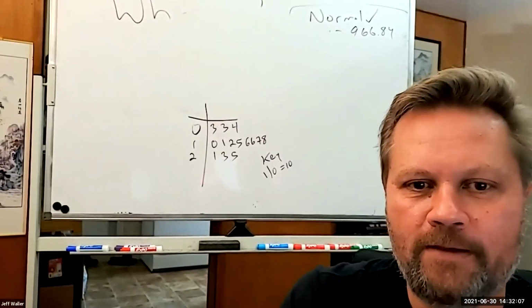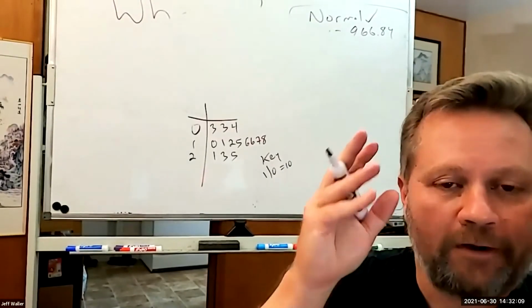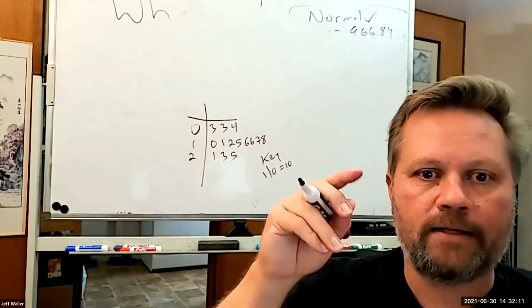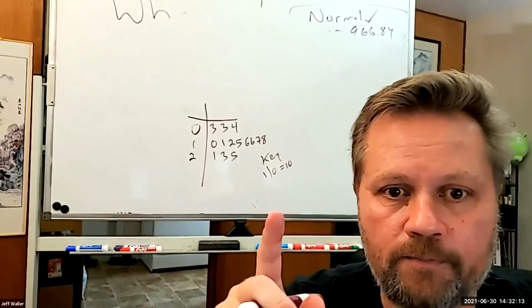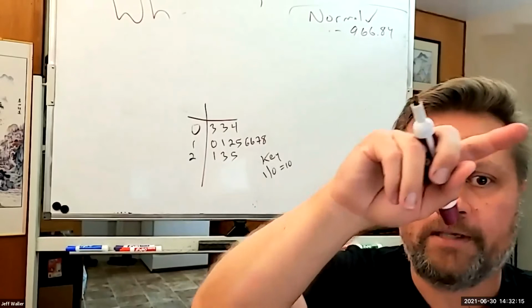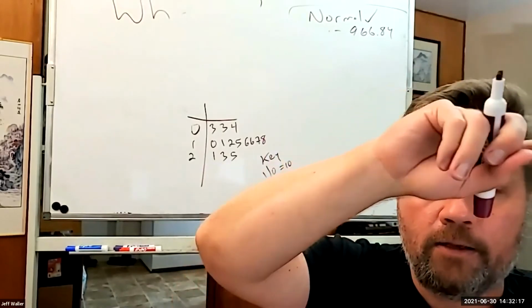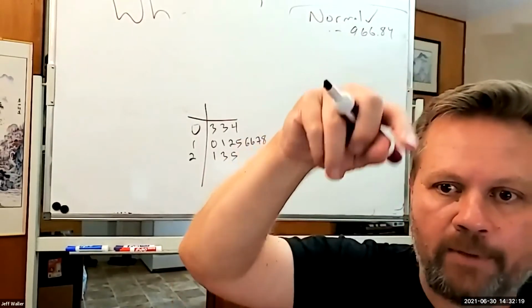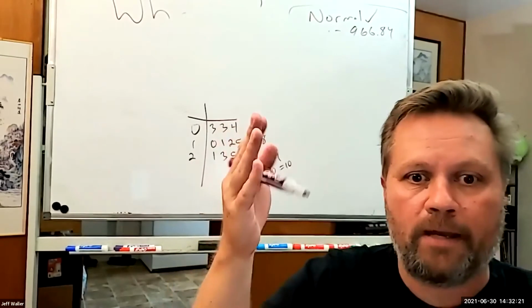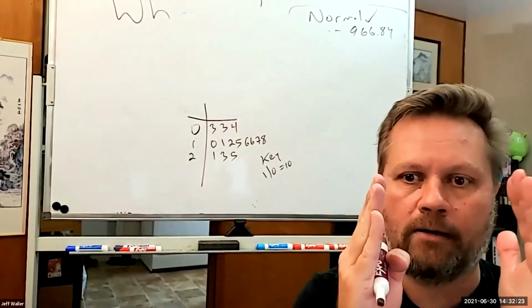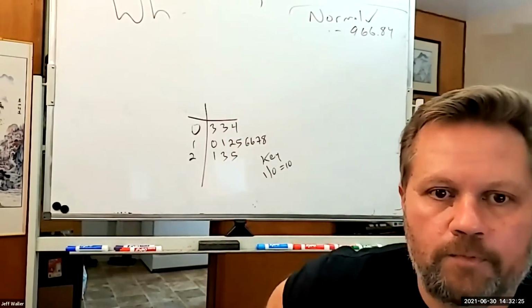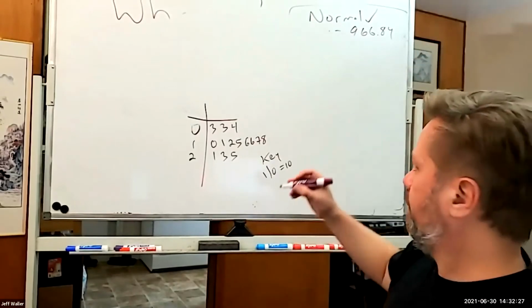So the very first thing I need to calculate is the class width. Do you guys remember that? This whole thing is gonna be driven by classes, so I can count how many data points fall into them, and I can't make my classes until I know how wide they are. So what's the class width formula?